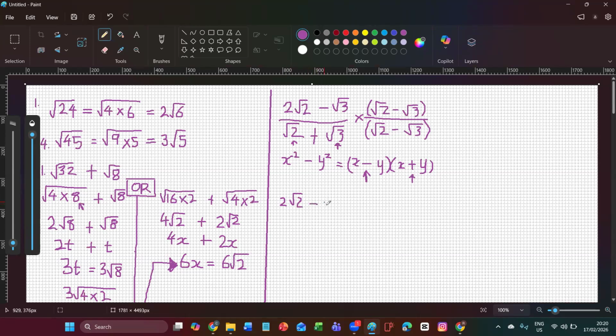2 surd 2 minus surd 3. I'm now putting these in brackets so that they are getting ready to work on themselves, times surd 2. The numerator looks as if nothing has happened, but don't worry, we'll soon see action there.